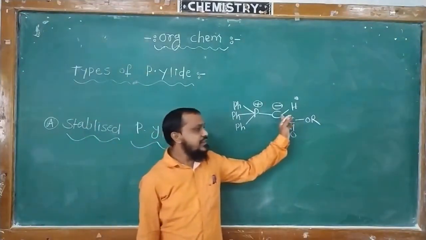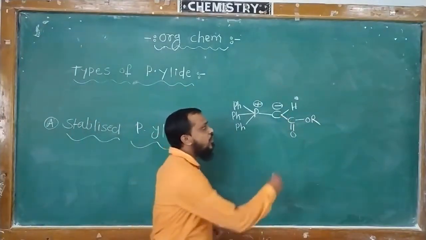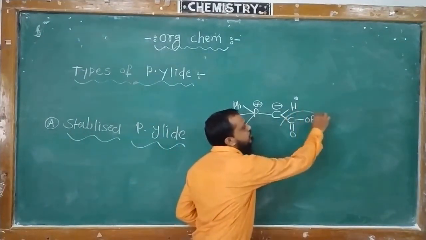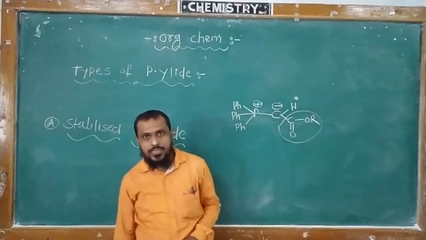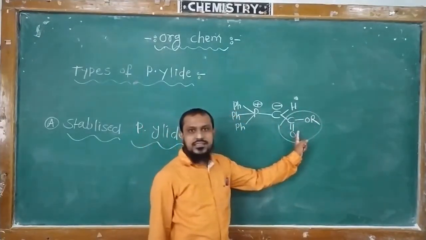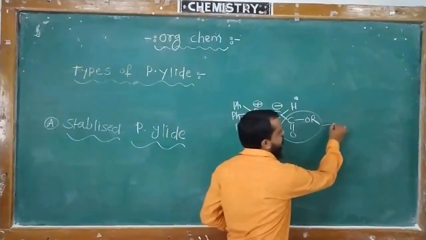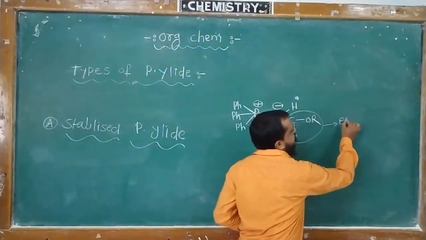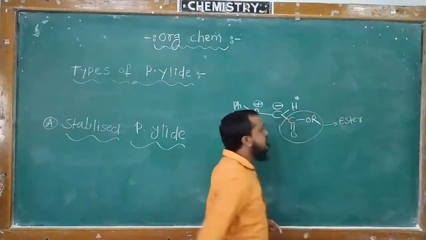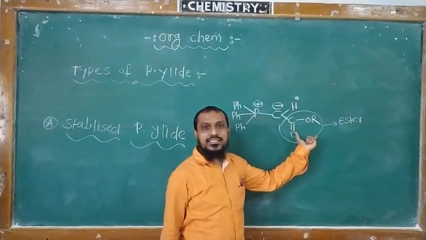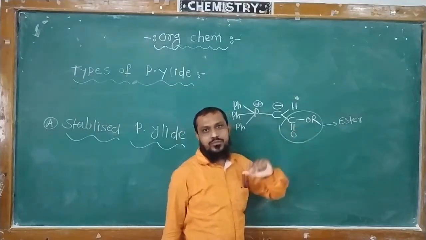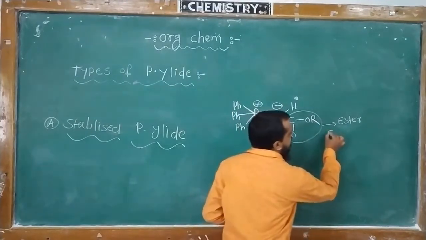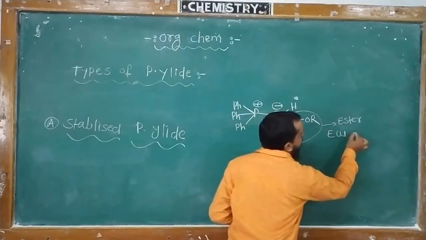And this carbon atom is attached to the one C double bond O single bond OR group. This is the ester group. And it is also called an electron withdrawing group.